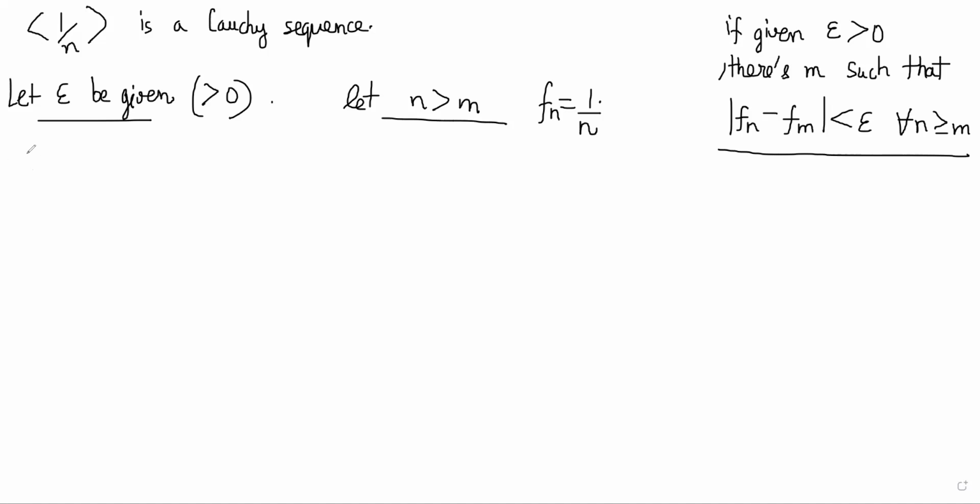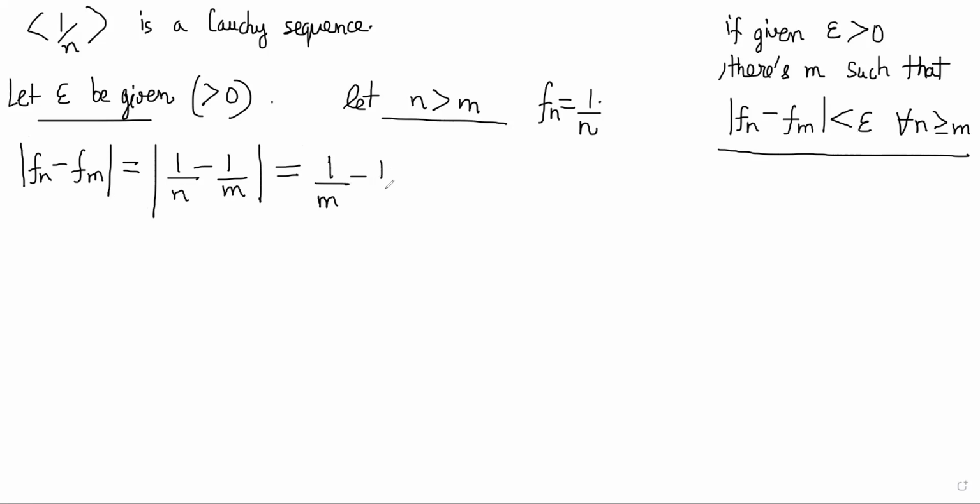So if you have mod of Fn minus Fm, that is mod of 1 by n minus 1 by m, less than epsilon. This you cannot assume, you have to prove that. This is equal to 1 by m minus 1 by n, right? Yes, sir.